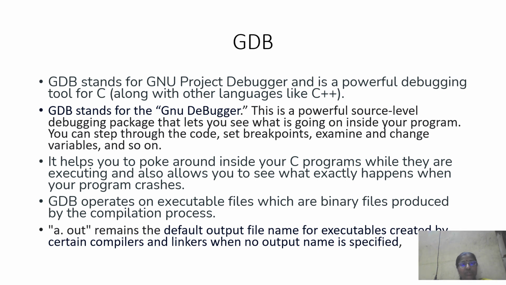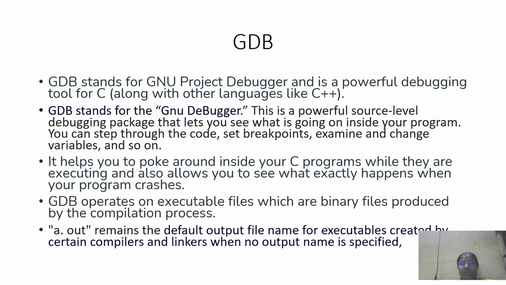You can step through the code, set breakpoints, examine and change variables, and so on. It helps you to poke around inside your C programs while they are executing, and also allows you to see what exactly happens when your program crashes.